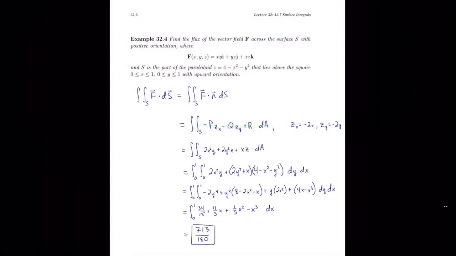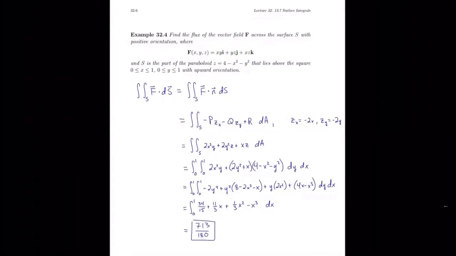P, Q, and R are these functions by component above. And from here, we just need to fill these in. We know that the partial of z with respect to x is negative 2x, and with respect to y is negative 2y. Multiply that by each of these components respectively, and we end up with this expression in our integrand.